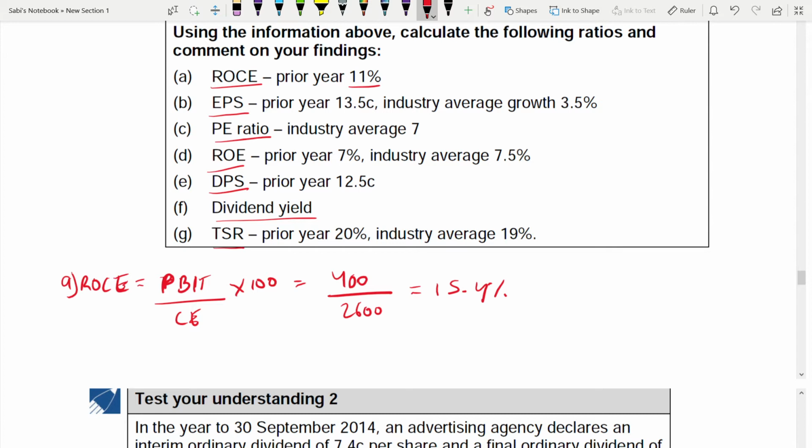Now coming to the next one, B, EPS. Wherever I'm getting space, I'm doing. So what is the formula for EPS? Just now we have done one. From there you can see profit available to ordinary shareholders, that means profit after tax, divided by the number of ordinary shares.